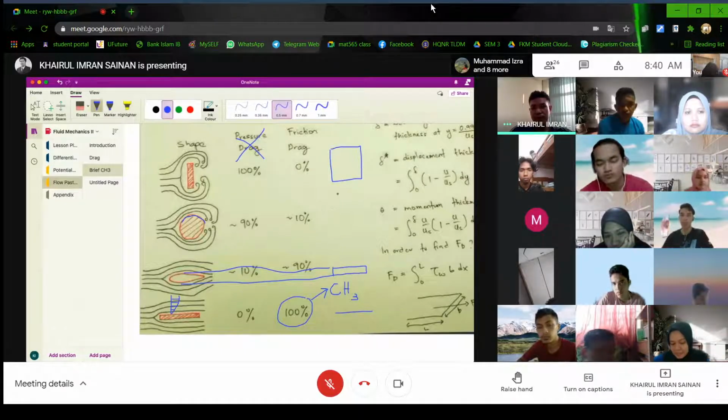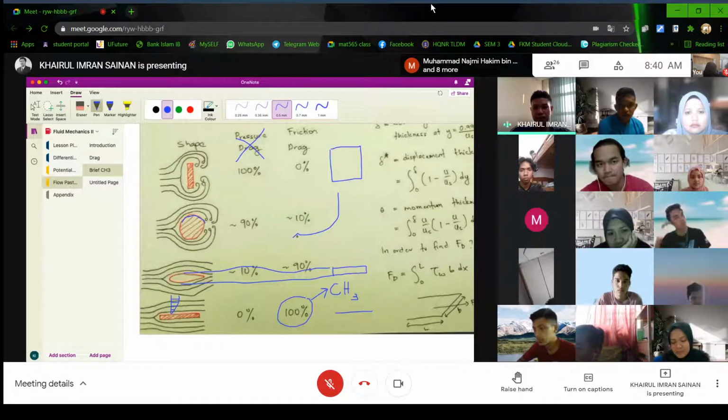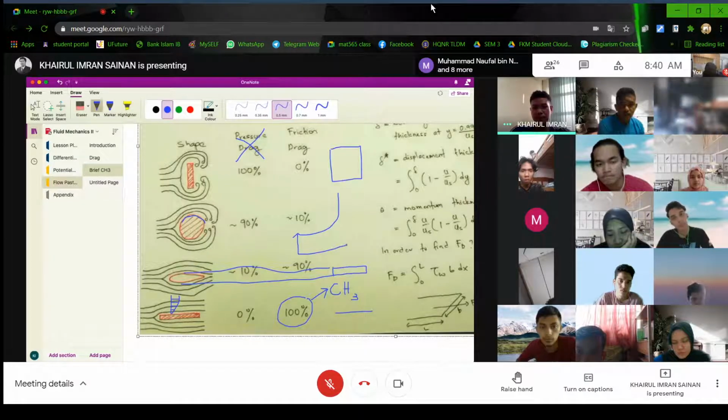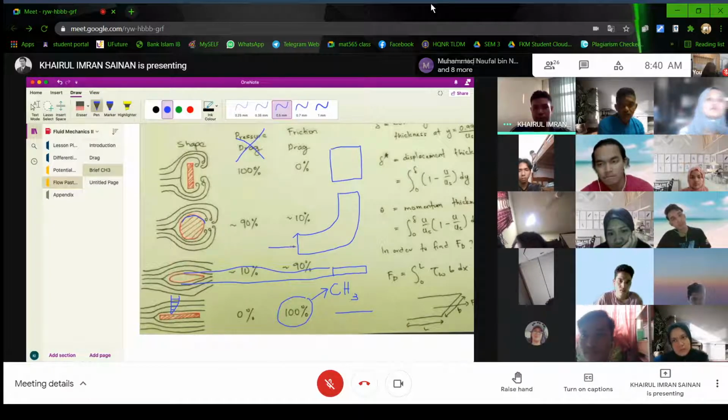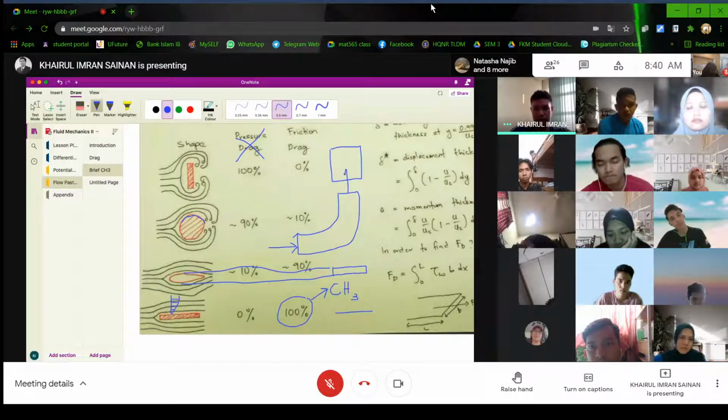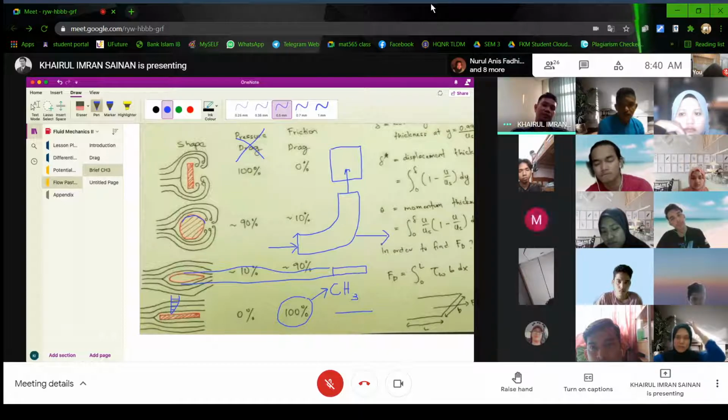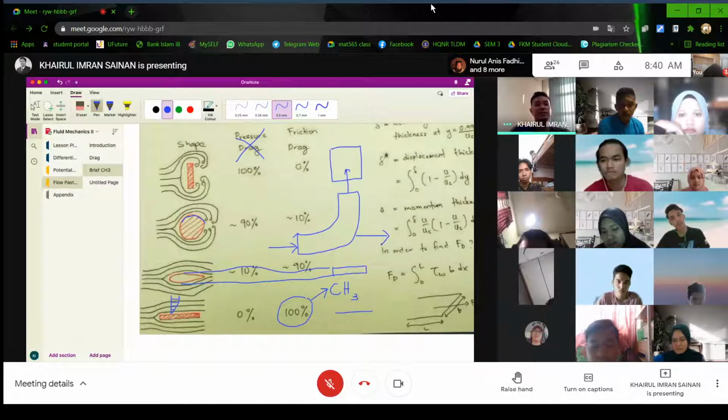And also perhaps, you still remember this one? You have an elbow shape. So flow is gonna be forced into this one and it goes out. And due to these forces, this elbow will move forward. So that is actually a drag, right?